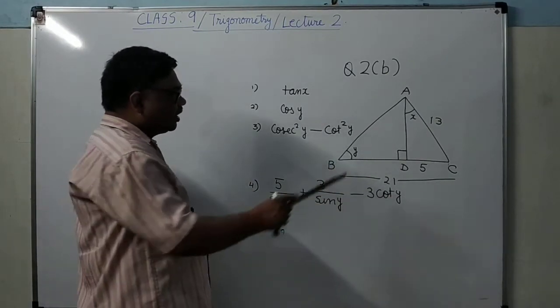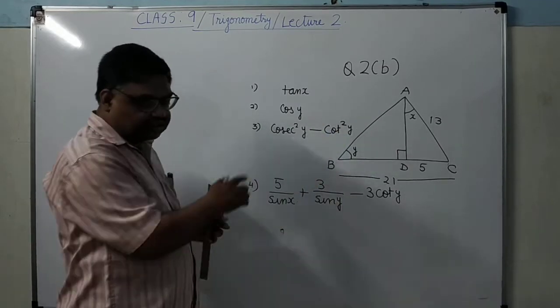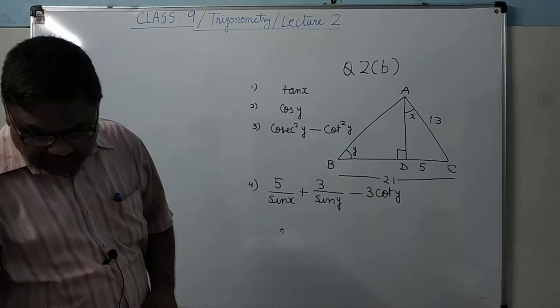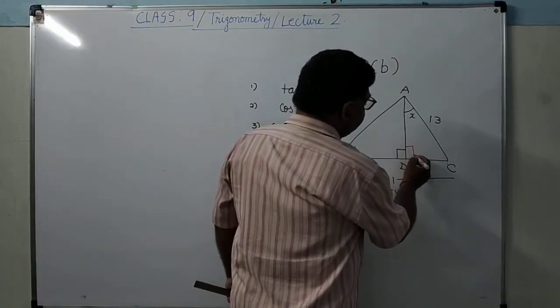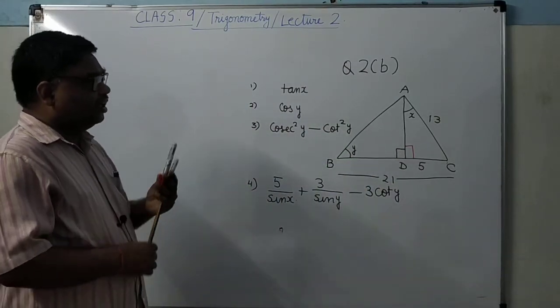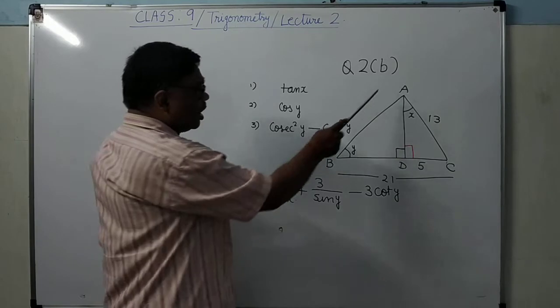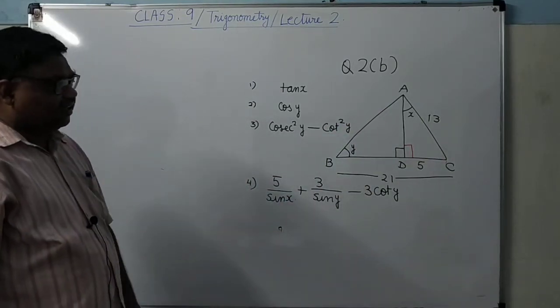So one right angle triangle is triangle ADB, and when this is 90 degrees, then the angle on the other side will automatically become 90. There is another right angle triangle, ADC.